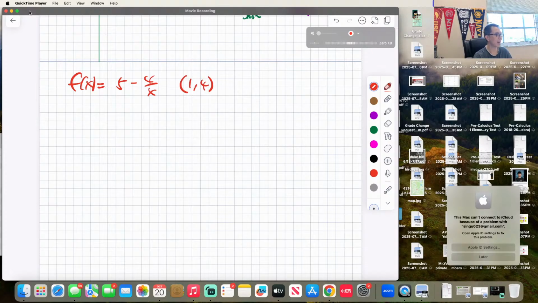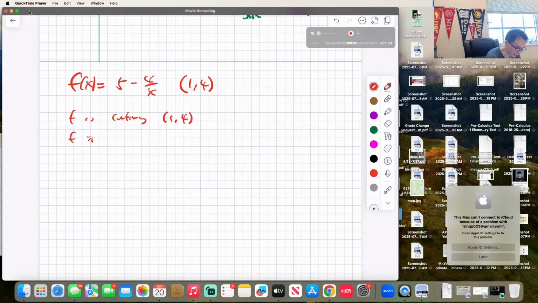So the way I ask the question, is it continuous? It's not continuous. However, between 1 and 4 it is continuous because 0 is not part of that interval. So f is continuous between 1 and 4 because it's only not continuous at 0.